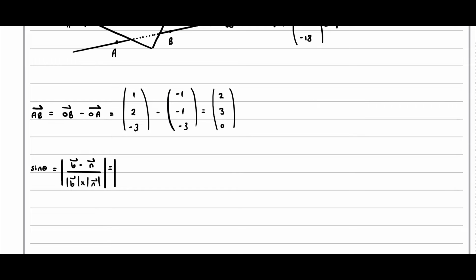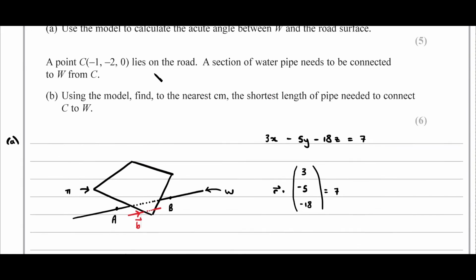So if I actually draw all this on, we have the vector little b over here, which we'll show over here. And then we've got our normal vector to the plane. We'll do this in a different colour. That's shown over here.